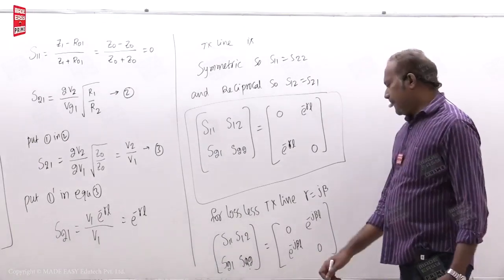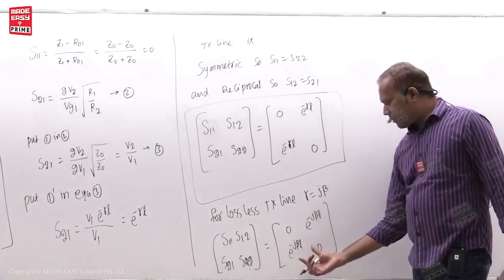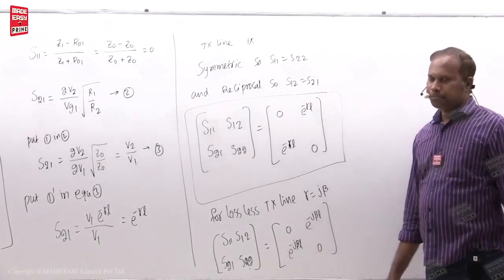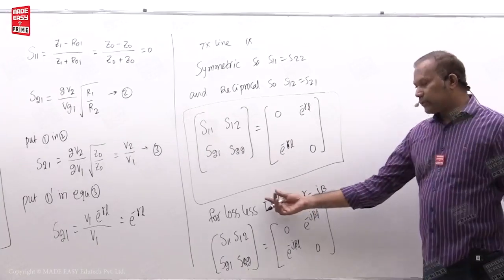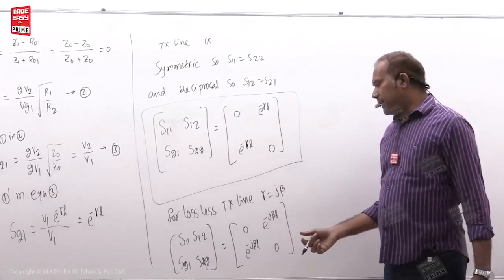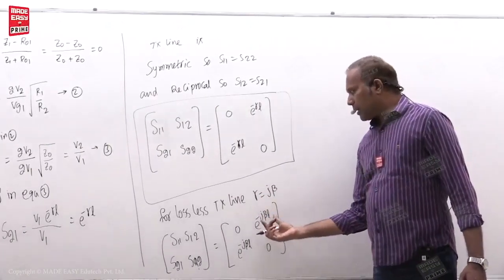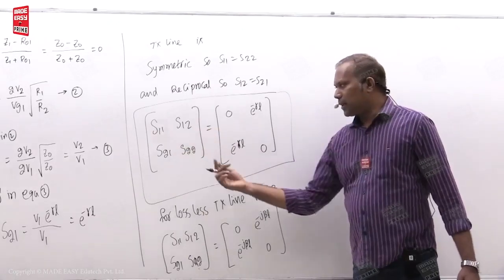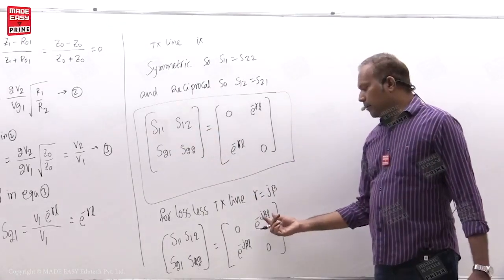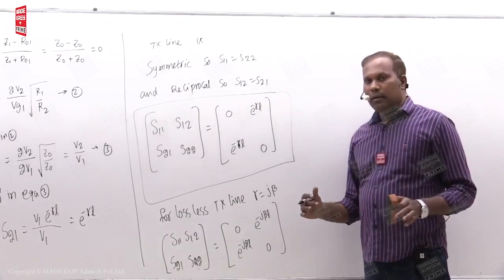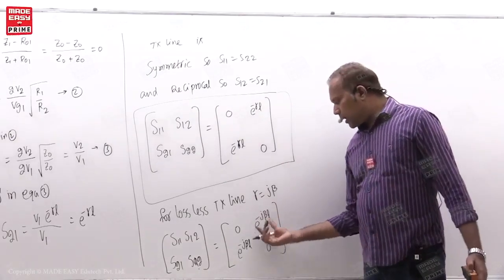Then what is the mod of this? 1. Mod of this is also 1. That means lossless we are saying, right? For lossless, definitely the modulus of S12 and S21 should be 1. And also reciprocal, and modulus of this is 1.